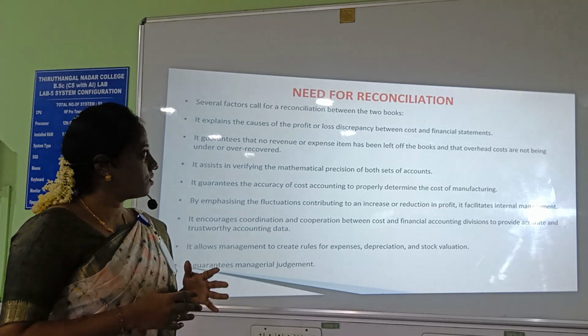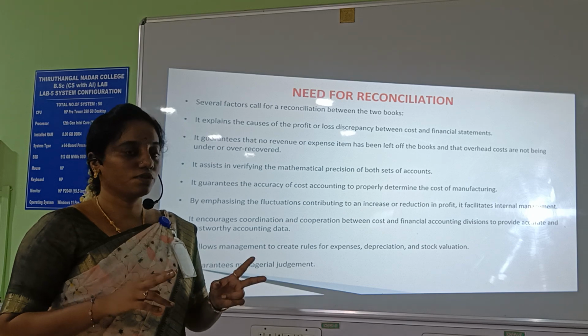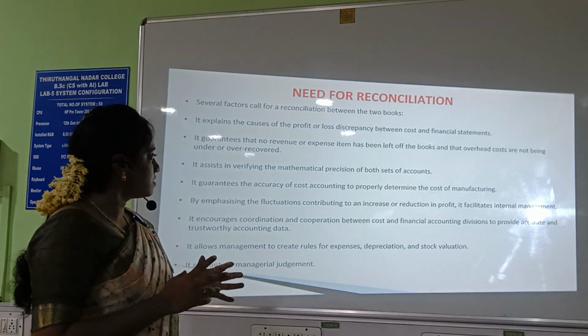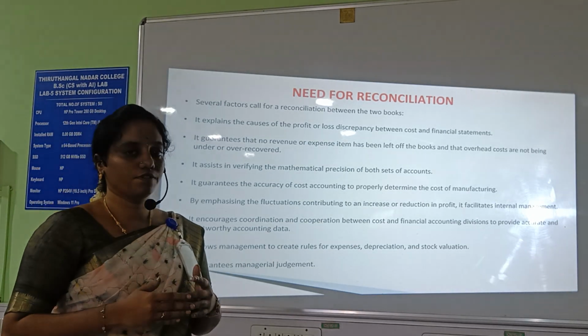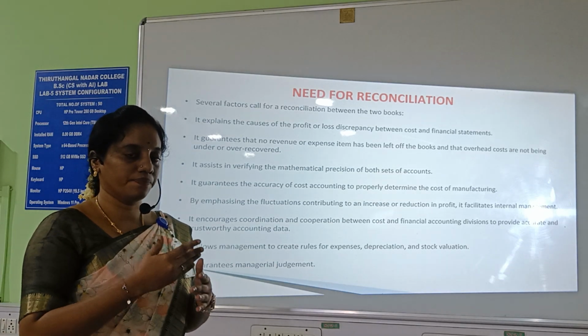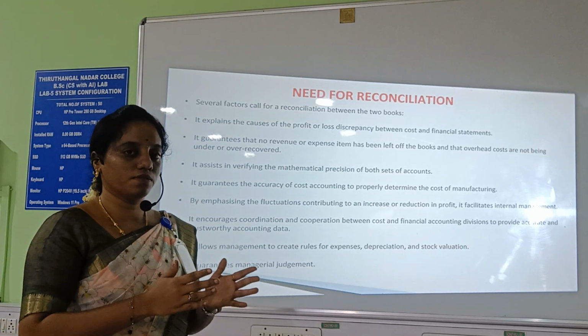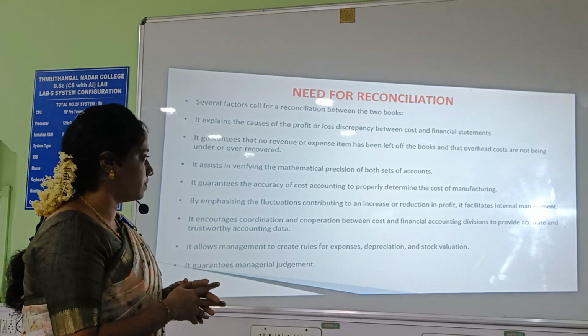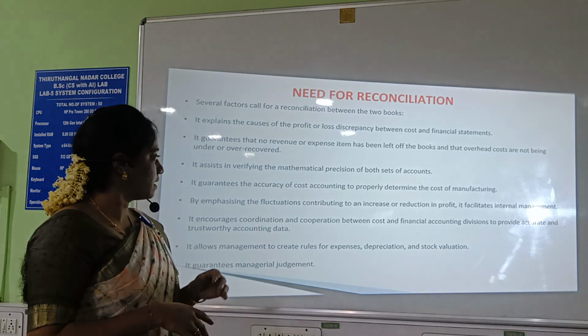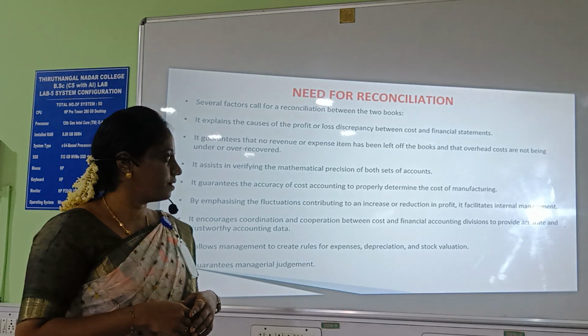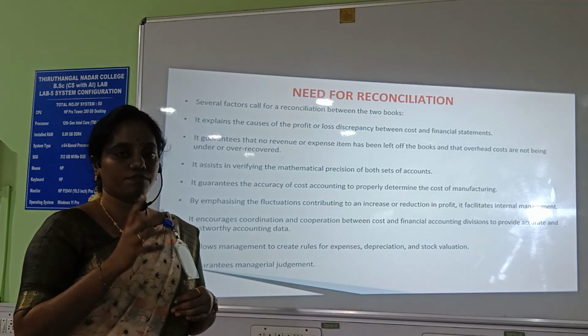So what is the need for reconciliation? Several factors call for a reconciliation between the two books. It assists in verifying the mathematical precision of both sets of accounts. It guarantees the accuracy of cost accounting to properly determine the cost of manufacturing.